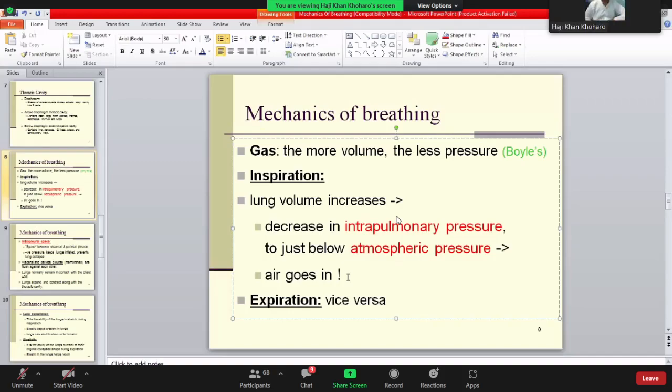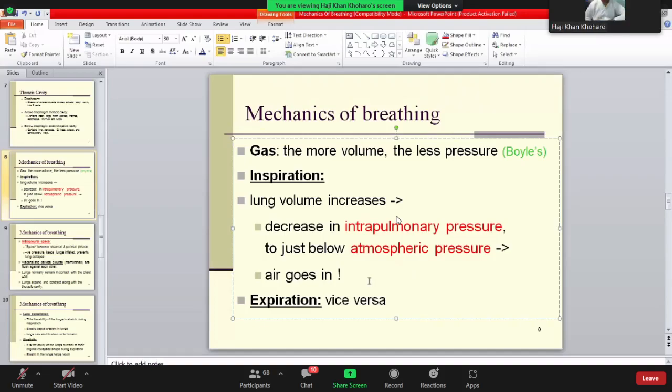The true values I will show you in a separate diagram, and then you will realize what the pressure differences are between the lungs and atmosphere. The air moves inside and outside because of a difference between the intrapulmonary pressure and the atmospheric pressure.